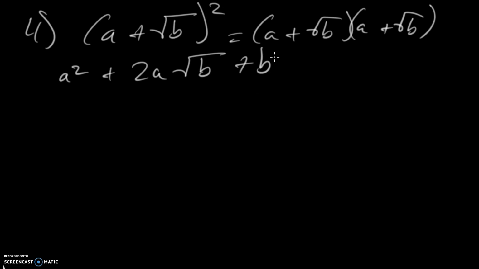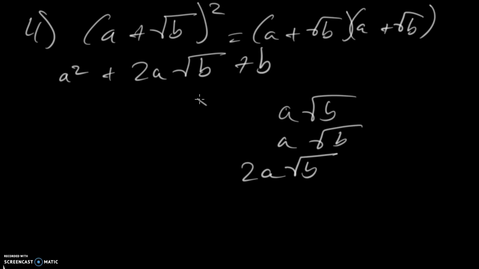Because a times a gives us a squared, root b times root b gives us b, and root b times a gives us a outside and root b, plus a outside times root b. There are two of these, so we just add them together to give us 2a root b as seen there.